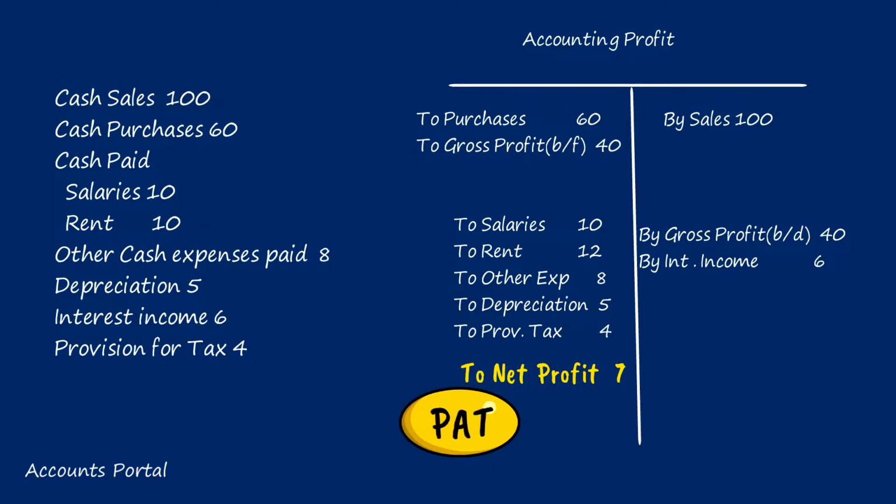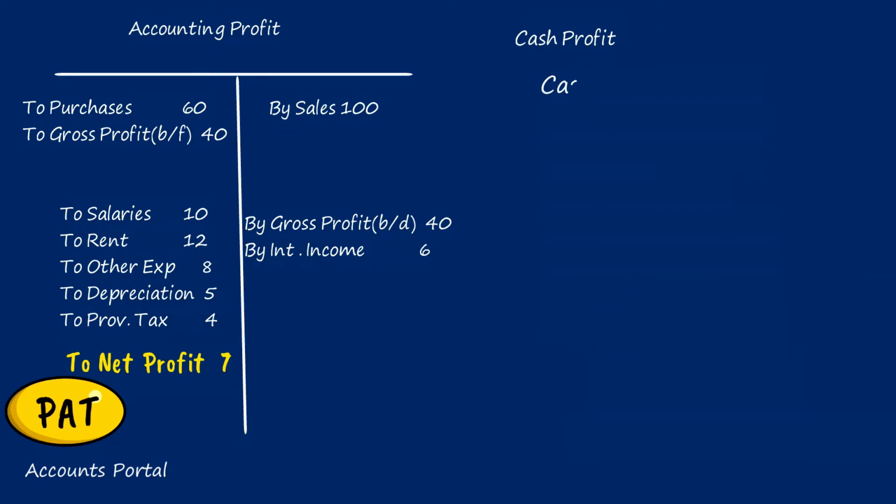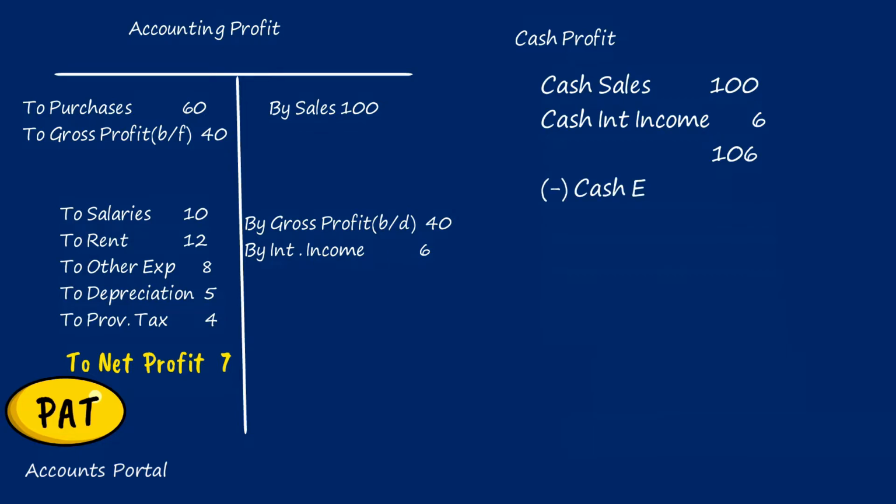Now, if I ask you what is cash profit from this information, will your answer still be 7 lakhs? The answer is no. If we have to calculate cash profit, then we will take only those items which are related to cash. So, our cash sales 100 lakhs, add cash interest income 6 lakhs. So, total is 106 lakhs minus cash expenses, purchases 60 lakhs, salaries 10 lakhs, which is again in cash, rent expenses, which is also cash expenses 12 lakhs, other cash expenses 8 lakhs.